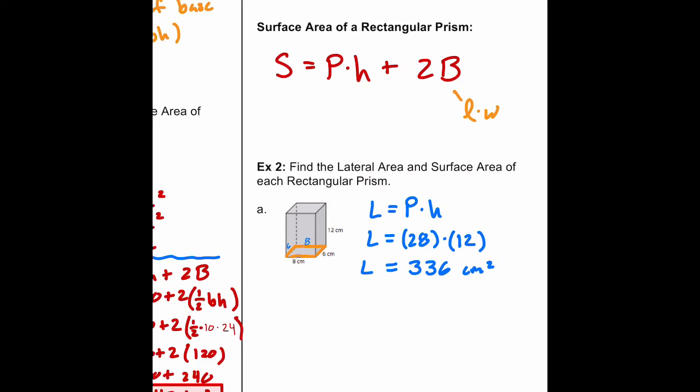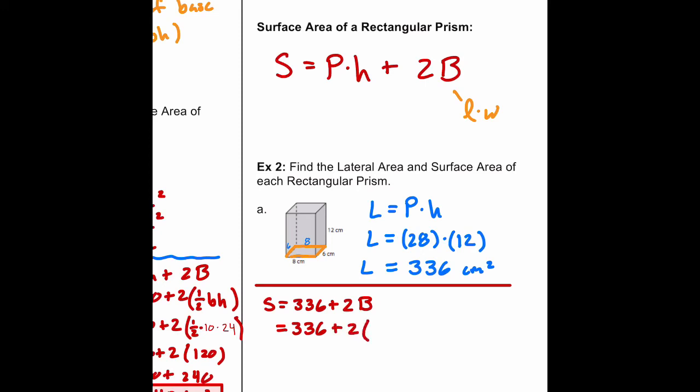And we've got the lateral area, so that would be everything around the sides, not including the top rectangle and the bottom rectangle, so kind of the base and the lid. So let's go ahead and find those pieces. Now we've got S equals 336 plus 2 times big B, where the big B is the area of the base. This is a little bit easier in my opinion, because it's just 8 times 6, the area of that rectangle at the bottom.